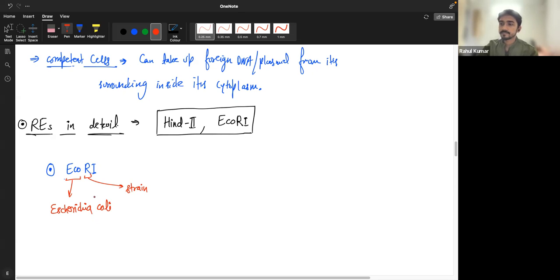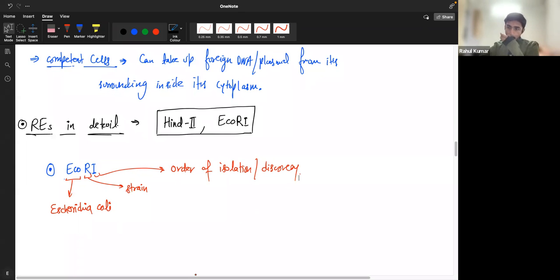And this one tells you the order of discovery or isolation. So if it is EcoR2, what does it mean?